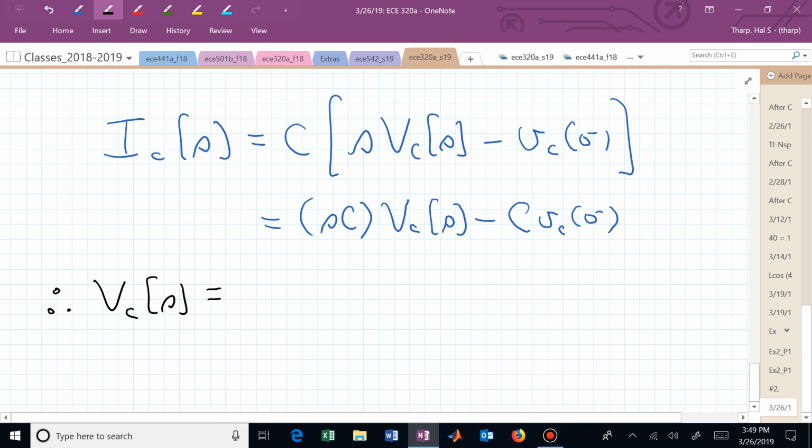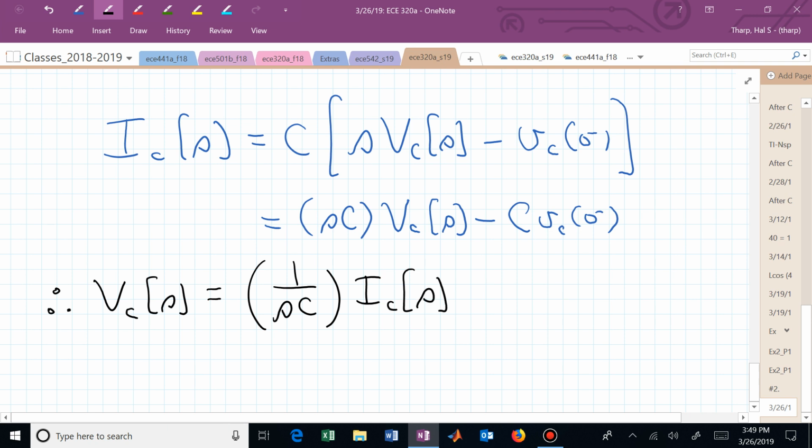And what now scales I sub C? I've divided everything by this product sC, and now multiplying I sub C is 1 over sC.